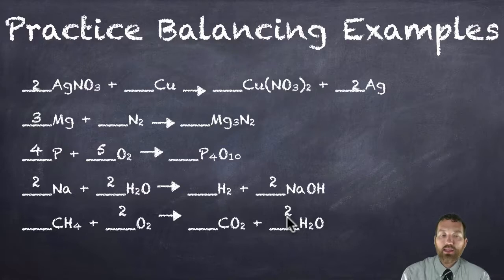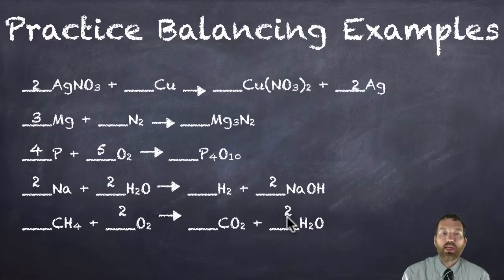If that isn't the case, unfortunately, it's not a correct answer. So when you're done, especially if you had a hard equation that you struggled with for a while, double check to make sure that it's in the lowest whole number coefficients, or you'll get it incorrect.